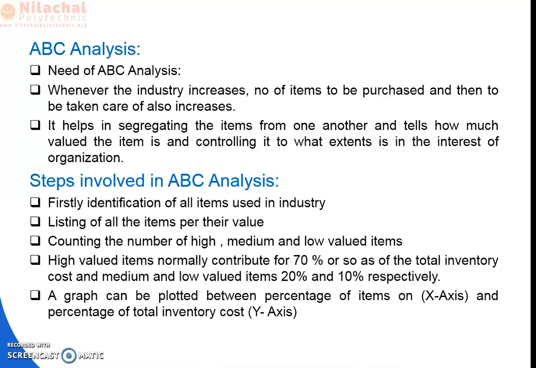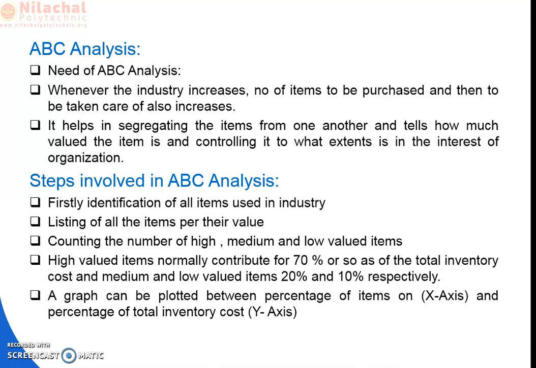The high valued item is actually 70% of the total inventory cost, but it is only 10% of the total inventory. The medium valued item will be 20% of inventory carrying cost and also 20% of total inventory.